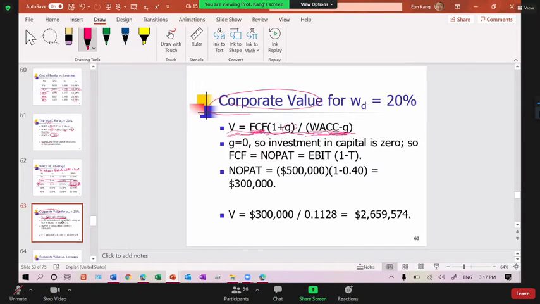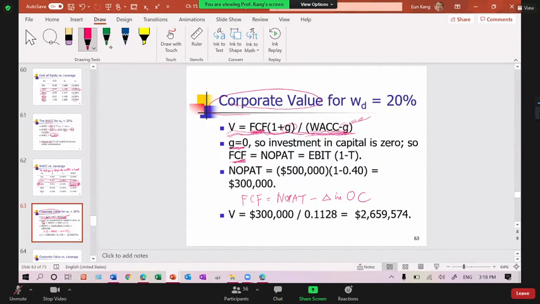But we assume no growth. So G is out, and this G is now 0. So it's like free cash flow over WACC. But the free cash flow formula is actually, as you see, NOPAT from chapter 7, NOPAT minus change in operating capital, right?